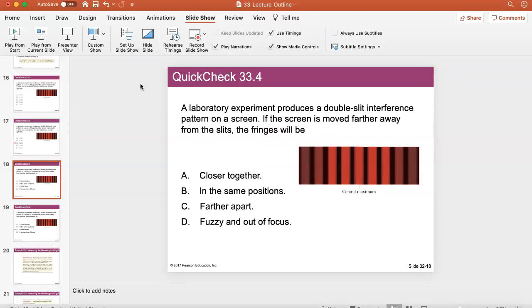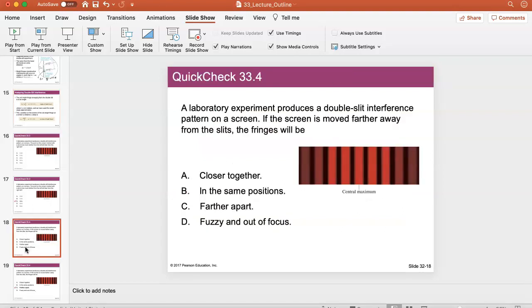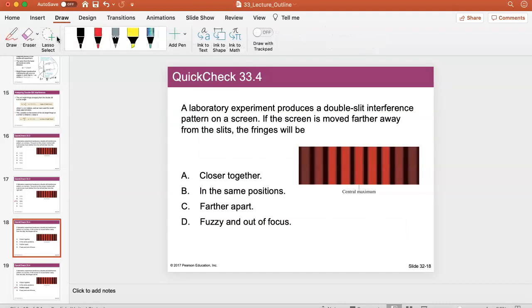We had the expression theta m is m lambda over d, so theta m just depends on the wavelength and the distance between sources. Let's say you're at some theta m, you're getting some bright fringe at some distance y here, and now if you move the screen over here, that distance gets bigger. So these correspond to the same m.